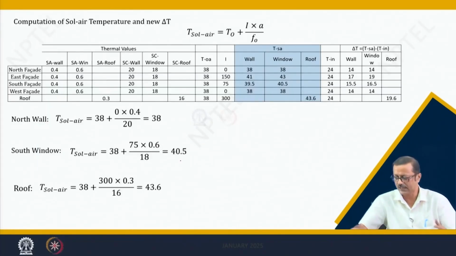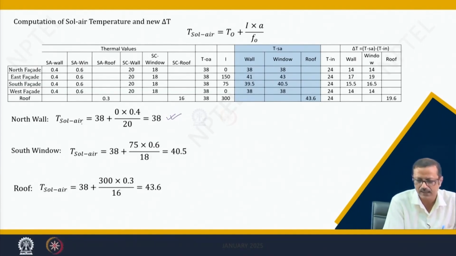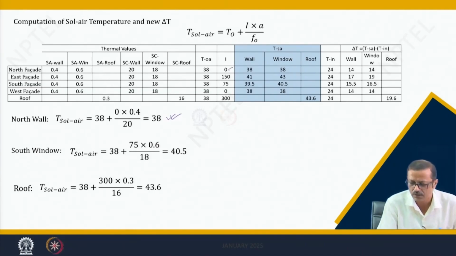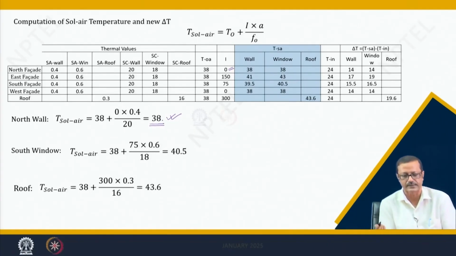So, I have done the calculation. I have given 3 sample calculations, starting with the north wall. For the north wall the solar radiation is 0, so the solar air temperature becomes the same as the outdoor temperature, 38 degrees.